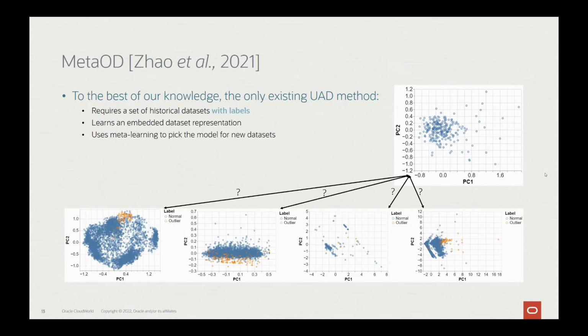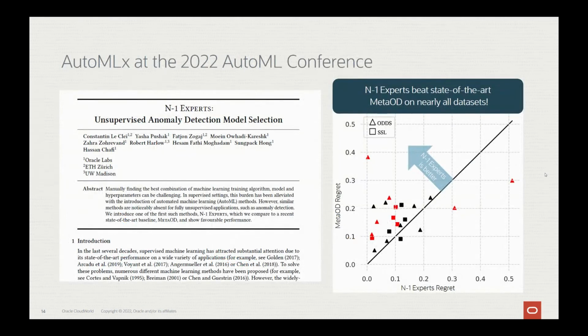So it's trying to find an old dataset that looks similar to your new dataset. Because it has the labels on these old historical datasets, it can then look up which machine learning method works best on that old dataset and recommends it to you for your new one. This works pretty well if you have a set of historical datasets that are relatively similar to your new datasets and that have labels. Of the three methods, we observed that N-1 experts and MetaOD tended to perform the best.